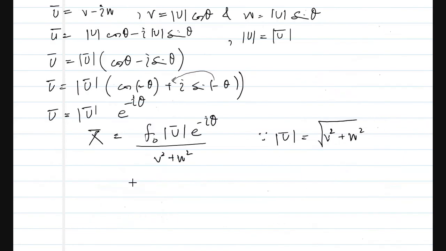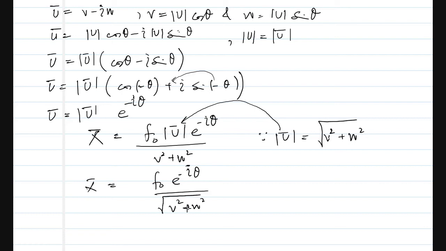So if you put this value right here, it's a square root, so one square root will cancel with the one below, and you end up with a square root in the denominator. So f naught e to the power minus iota theta divided by square root of v square plus w square. Okay, this is what x bar is equal to.